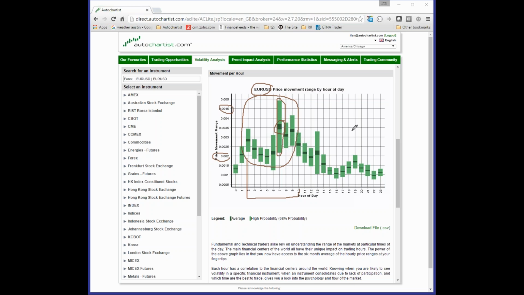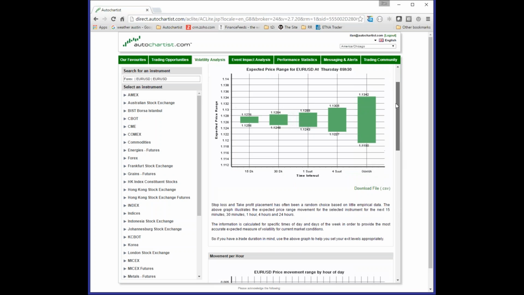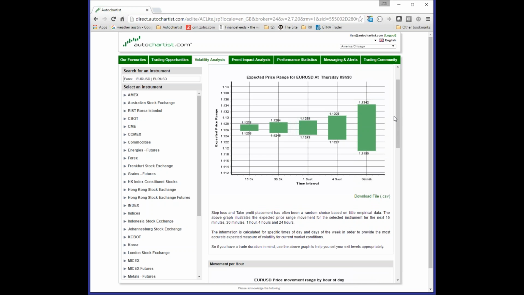Okay, so this volatility analysis tool gives you an indication. Actually, I'm just going to scroll up a bit. It shows what the expected price range movement is for every instrument for the next 15 minutes, 30 minutes, 1 hour, 4 hours, and 24 hours. Okay, so if I'm trading right now Euro USD, Thursday 9:30 a.m. Central Time, I'm America, Chicago.